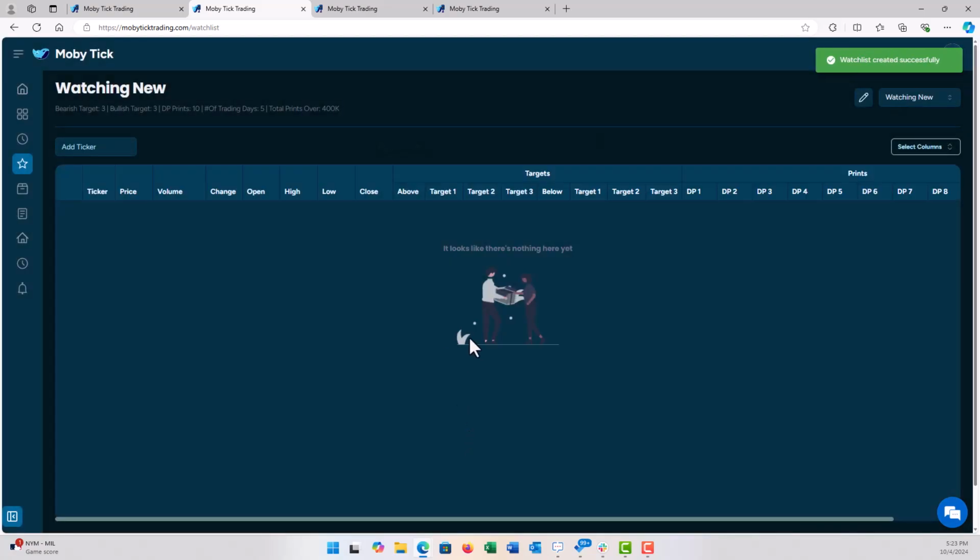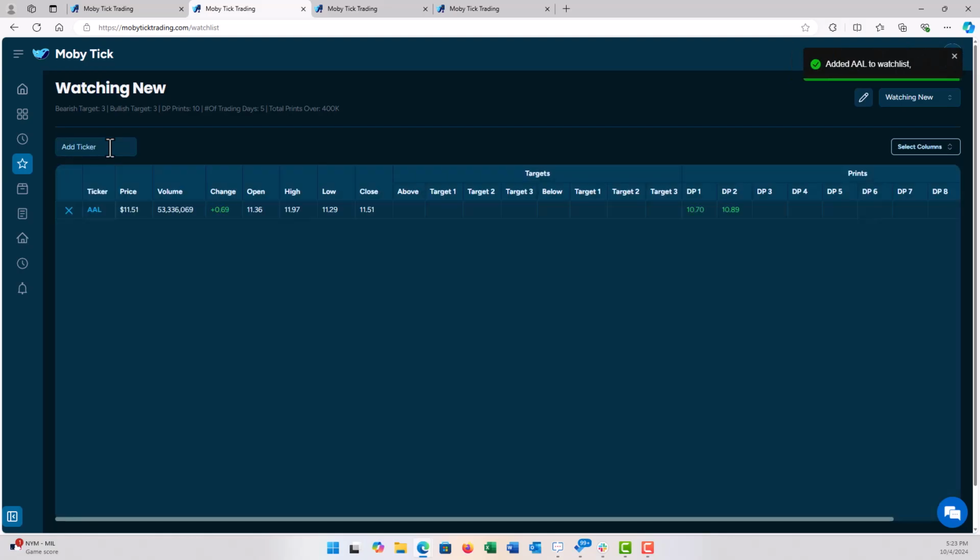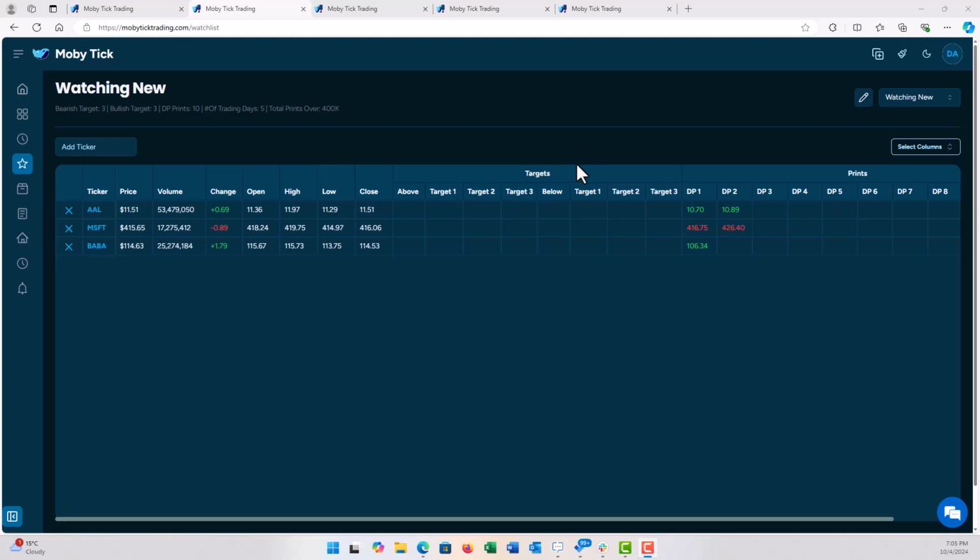So here, for our ticker, what was the first one we were looking at? AAL, Microsoft, and BABA. So let's add our trading plan to our watch list. So as we discussed, AAL, we're going to be bullish above 1220.